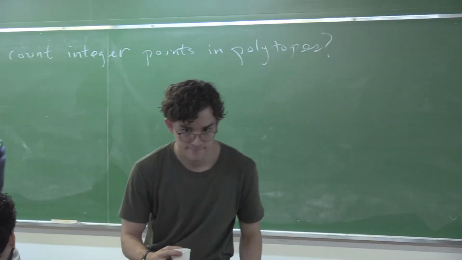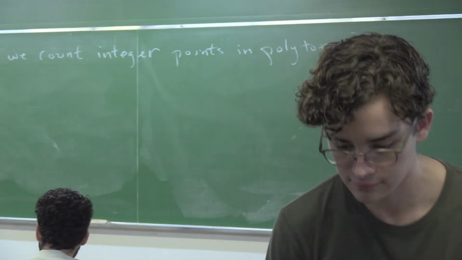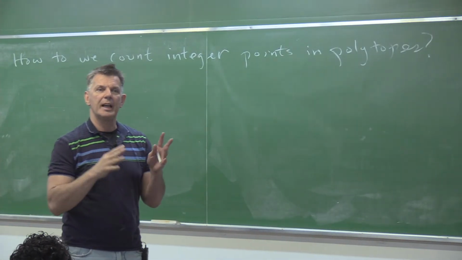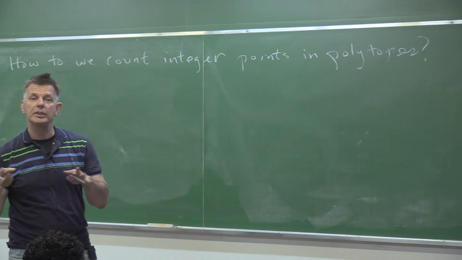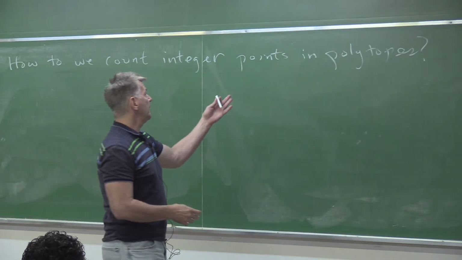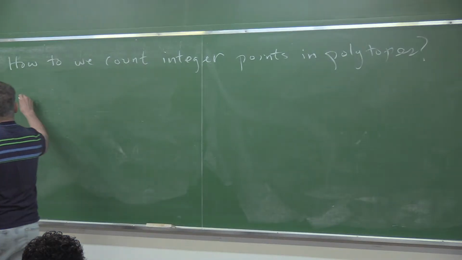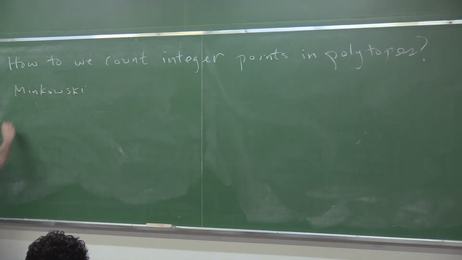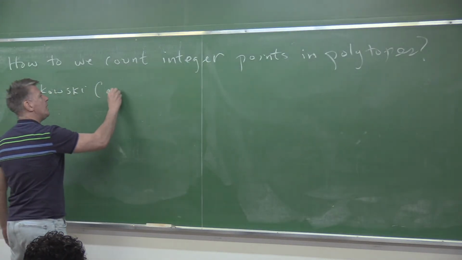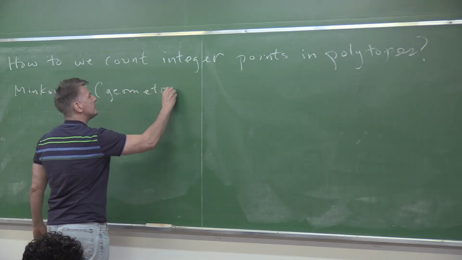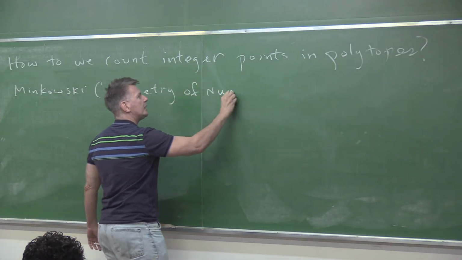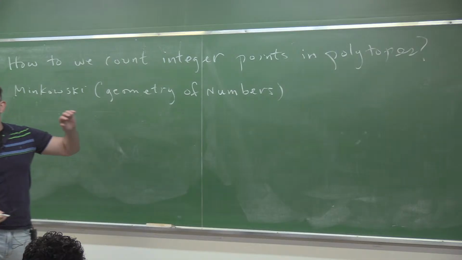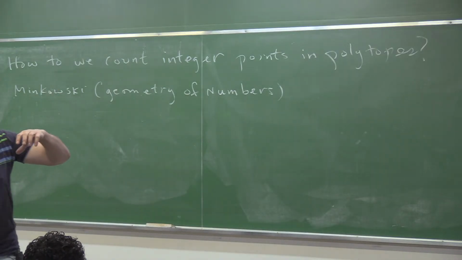So it's a classical question, but the methods have been very, very diverse. Traditionally, this goes back to Minkowski, geometry of numbers. However, the modern methods are so diverse that attempts to solve this problem go through algebraic geometry, mostly these days toric varieties.